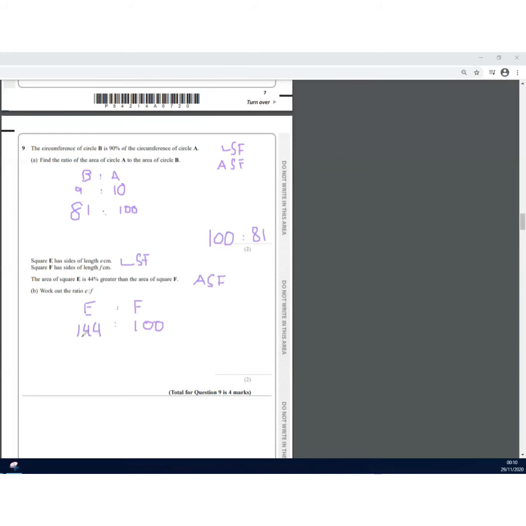As we said, this is the area scale factor, and we're asked to find the ratio of linear scale factors, which are simply E ratio F. So I would therefore need to square root both of them, which will then give us 12 ratio 10. So your answer will simply be 12 ratio 10. That's question number 9. Let's move on to question number 10.